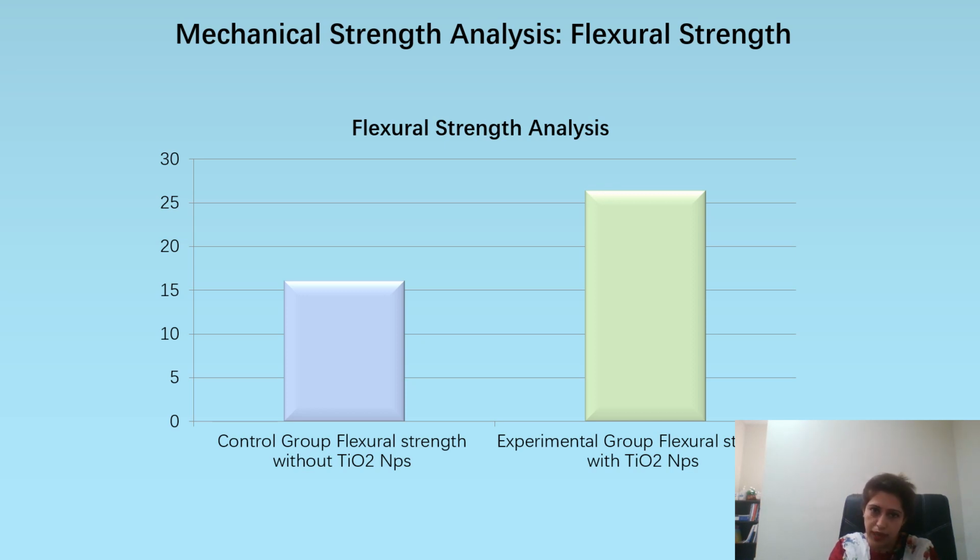restorative material was enhanced. In this bar graph, you can easily see that the control group having no titanium oxide nanoparticles elaborates the low value of the strength as compared to the experimental group where the flexural strength is enhanced.